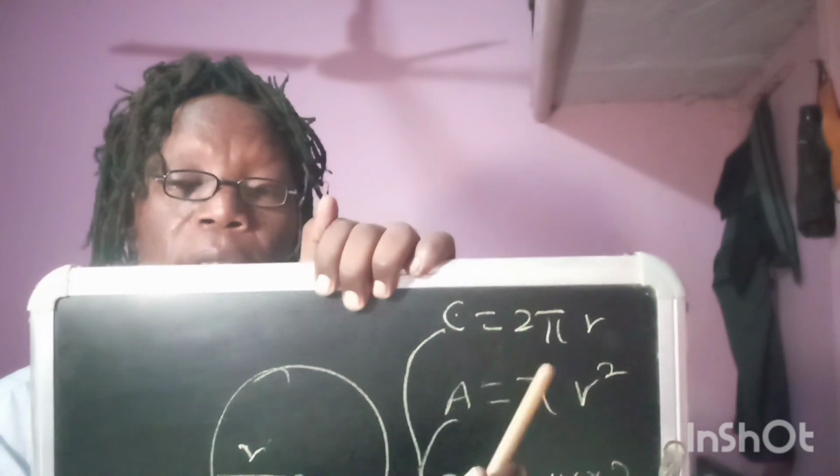So we are going to find the value, the area and the circumference. It's just like a refresher from the previous video, which if you watched, shows how we calculate the area of a circle. So let me go straight to it now.